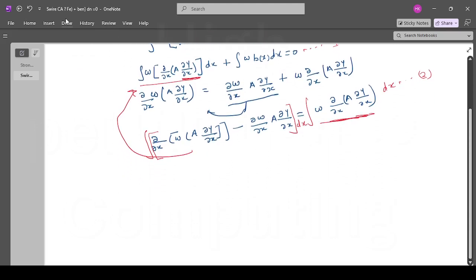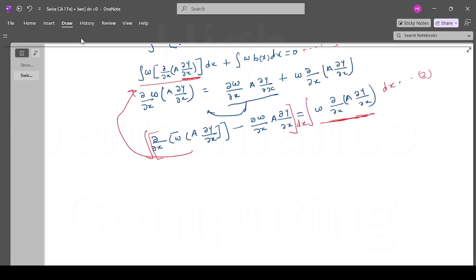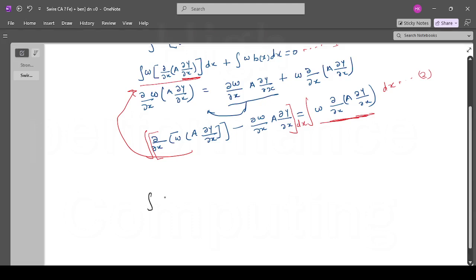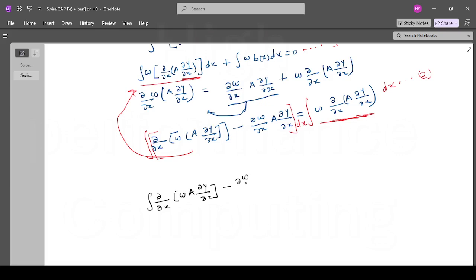So how will it become? Integration of del by del x of omega a del y by del x minus del omega by del x a del y by del x dx plus integration of omega bx dx equals 0.